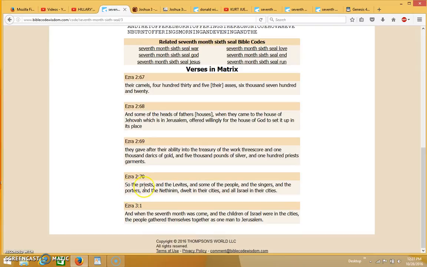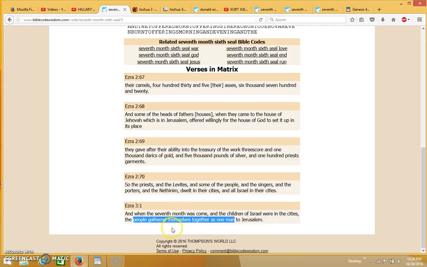And so it says, "So the priests and the Levites and some of the people and the singers and the porters and the Nethinim dwelt in their cities, and all Israel in their cities. And when the 7th month was come, and the children of Israel were in the cities, the people gathered themselves together as one man to Jerusalem."